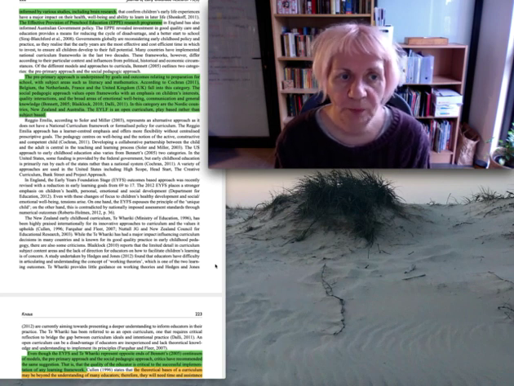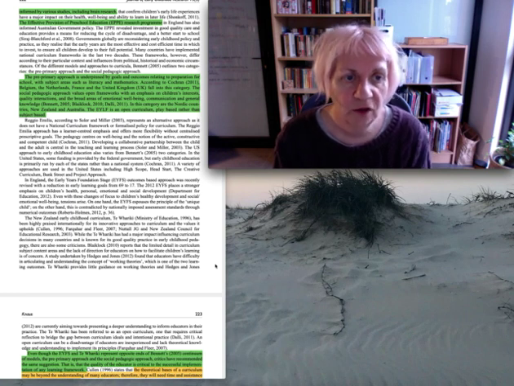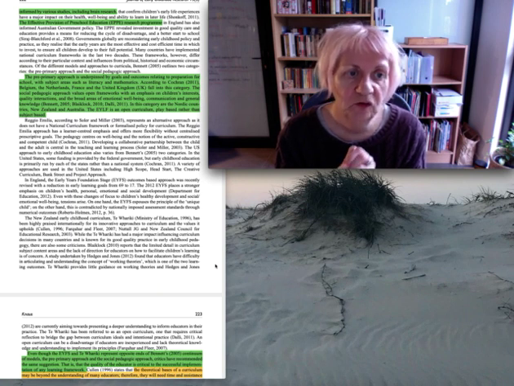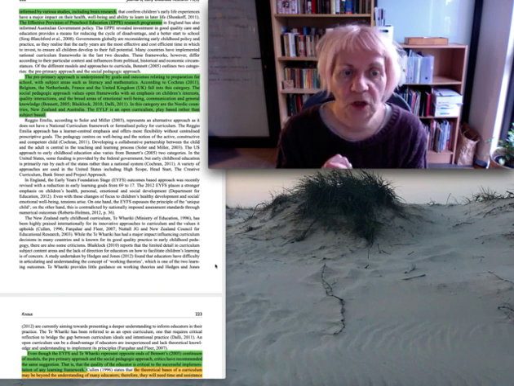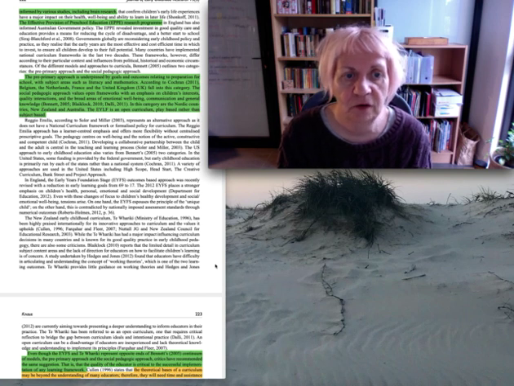So the first one is the pre-primary approach, which is underpinned by goals and outcomes relating to preparation for school, and she lists the countries there. And the second one, which is a social pedagogic approach, values open frameworks with an emphasis on children's interests, quality interactions, and the broad areas of emotional well-being, communication, and general knowledge.